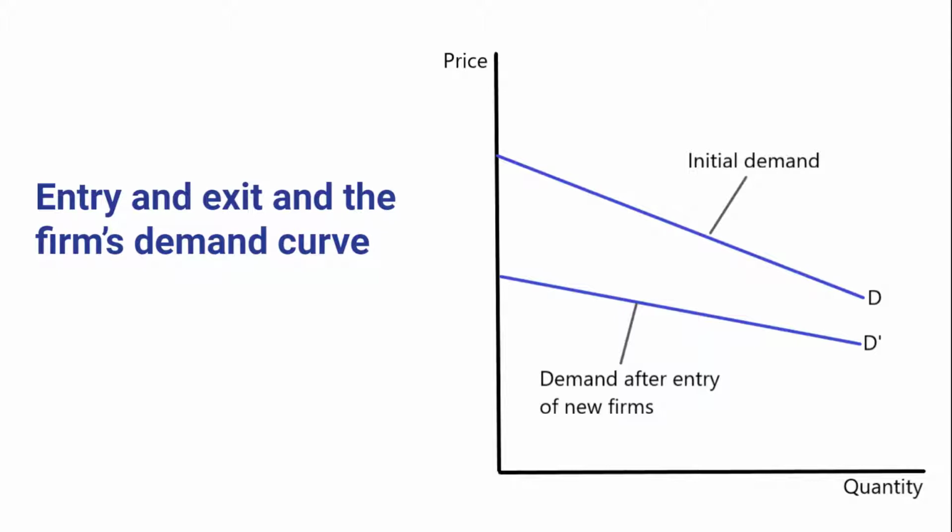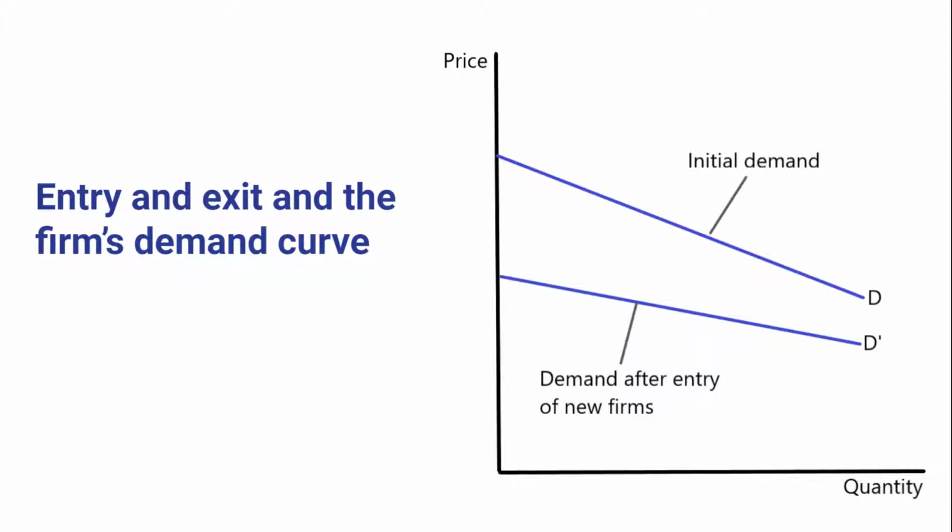Not only will it shift to the left, but at any given quantity, it's going to be more elastic than it was before. The reason is, if there are more firms in the market, there are more close substitutes, and earlier we talked about the determinants of elasticity, and we know that when there are more close substitutes available, demand is going to be more elastic.